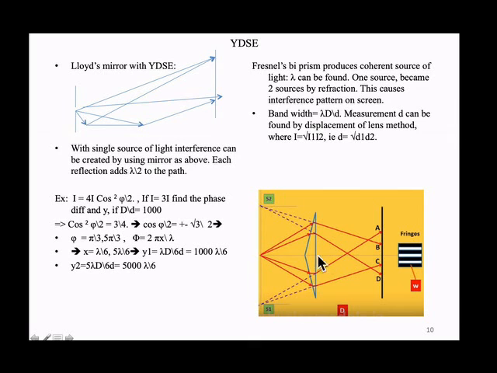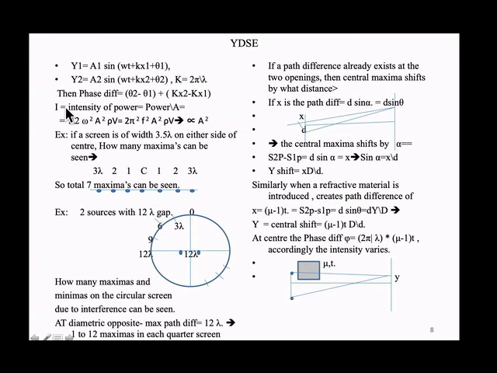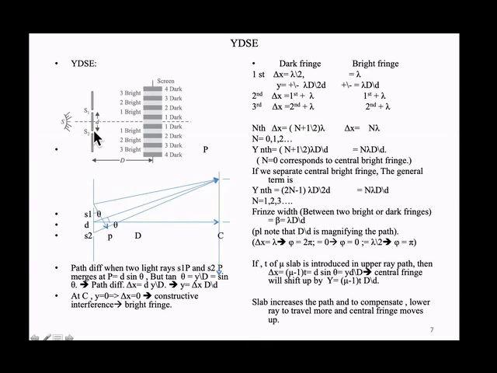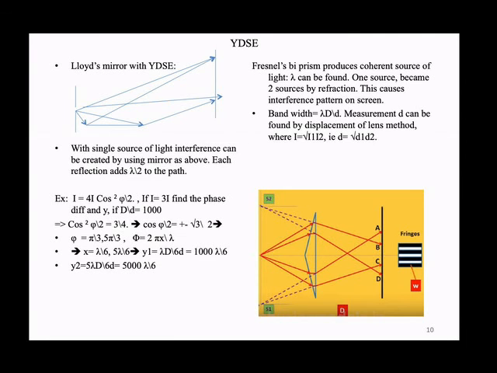Now here I want d. In the YDSE experiment, this is d between the two sources. Here also I have to find the separation between the sources. How can this d be found out? We have seen the lens shifting method.